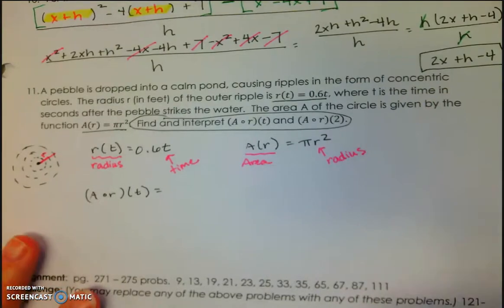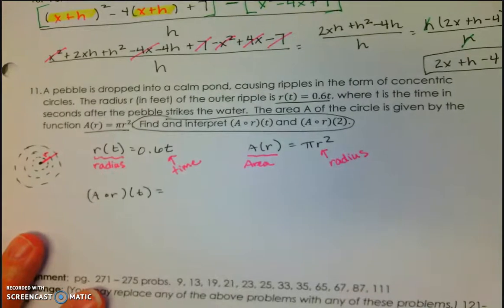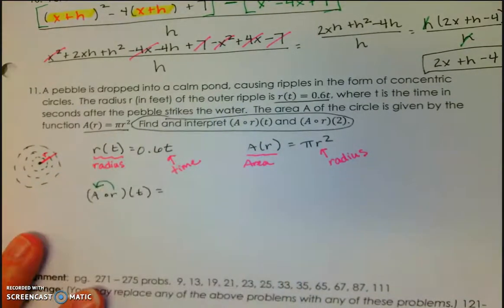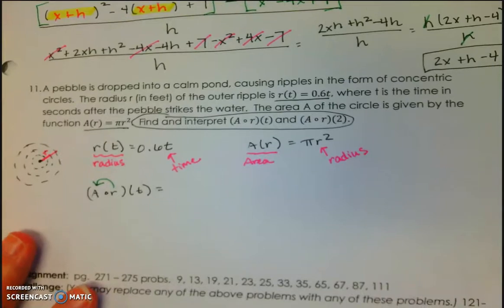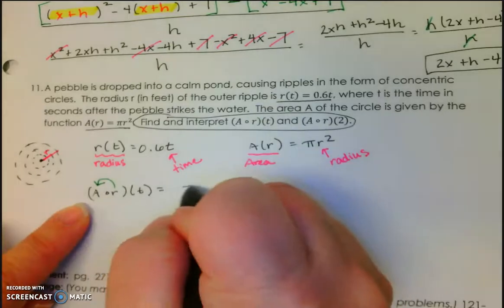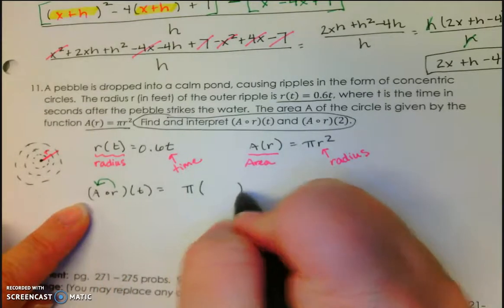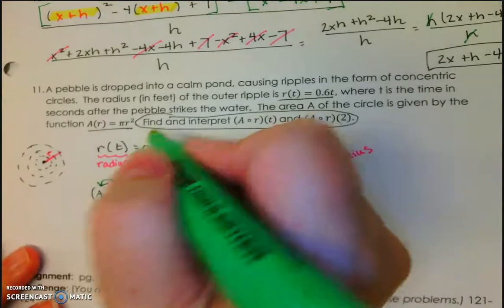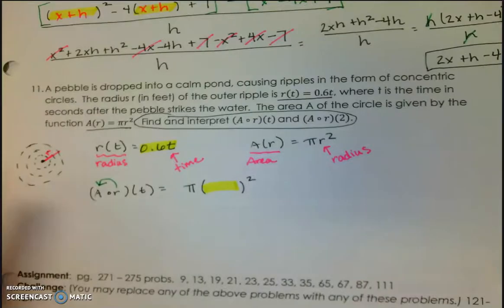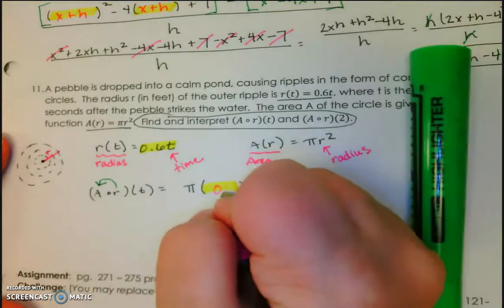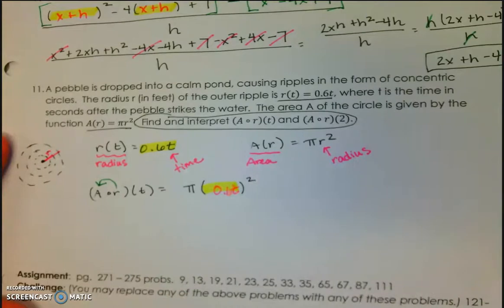So A of r of t means that we are putting the radius into the area function. So the area function needs to be written first with a blank in place of the r, and then we replace that r with the 0.6 t.